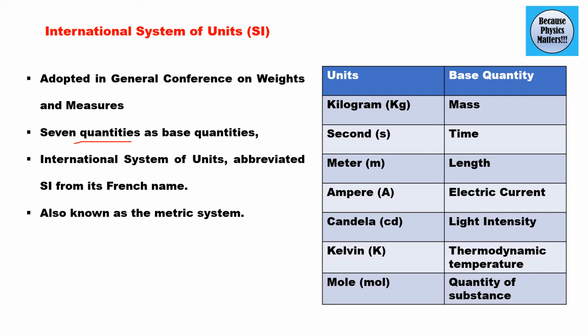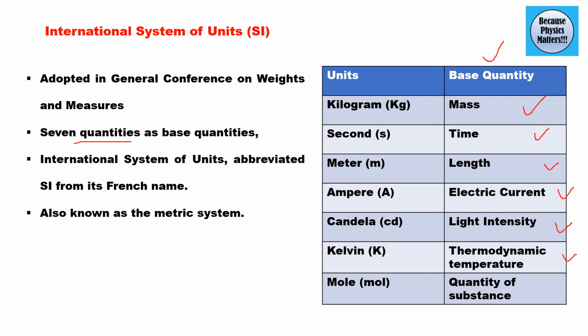So here you can see we have 7 base quantities which are accepted universally. So these are mass, time, length, electric current, light intensity, thermodynamic temperature, and quantity of substance. Okay, so now the question is that these are the base quantities, and accordingly we have units.